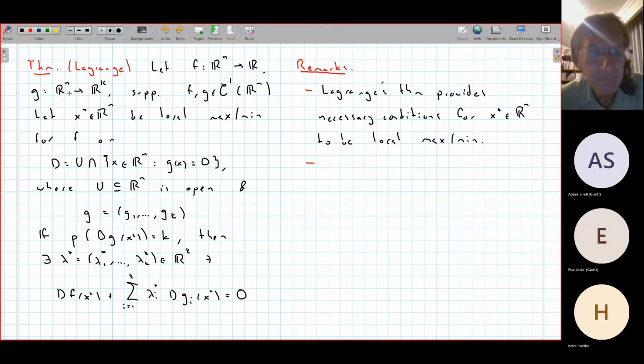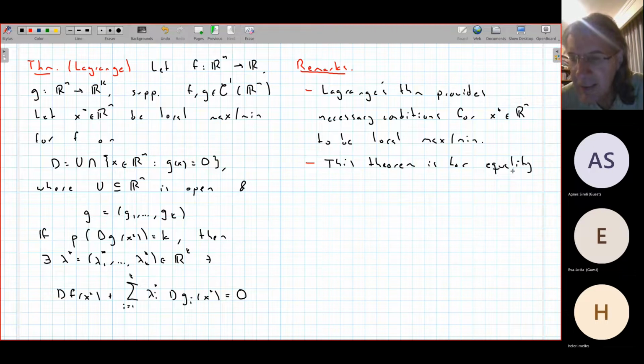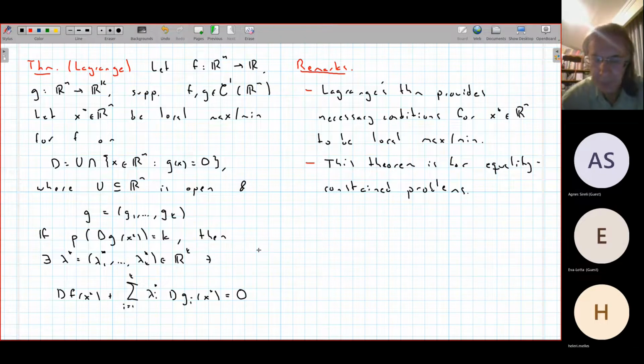So this theorem is for equality constraint problems. And finally, one last remark.